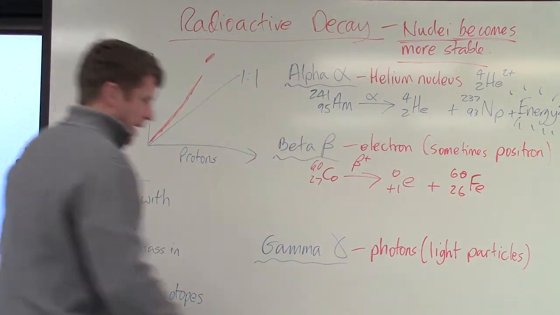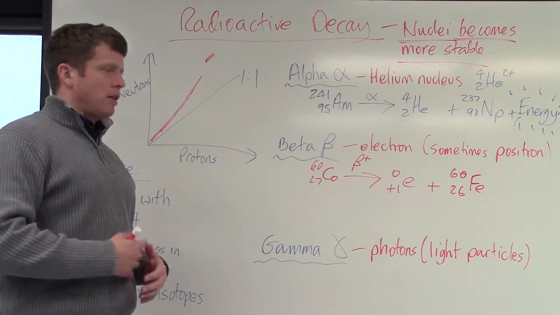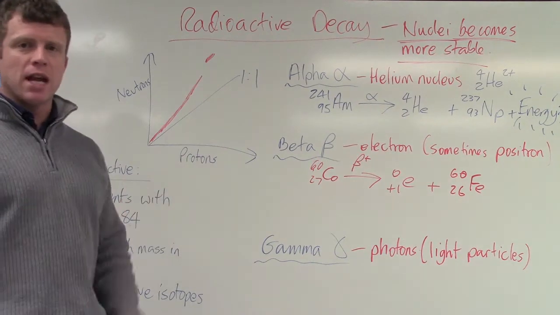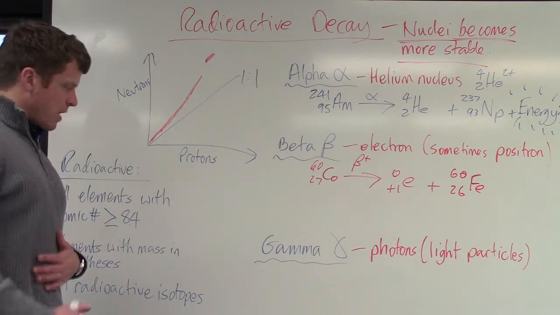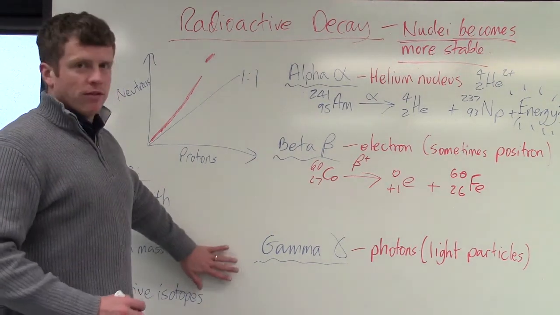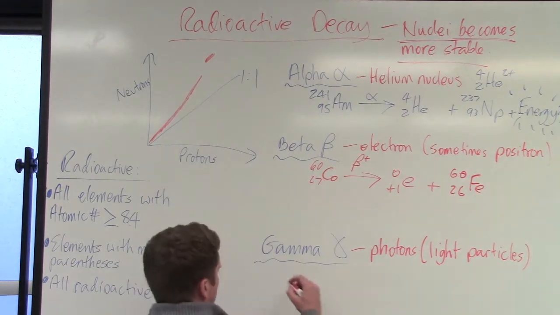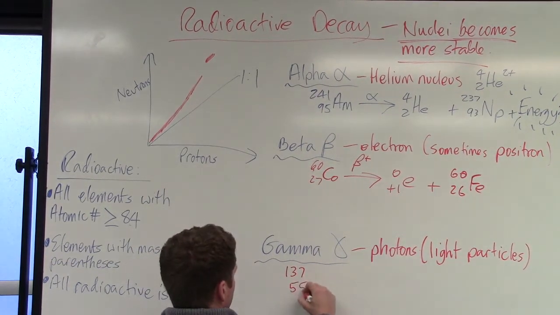All right, so let's look at gamma, which is the most dangerous. It can penetrate through wood, through clothing, through skin. It can go straight through a human body, which is kind of dangerous. So it's the most penetrative. So the idea of gamma, we can start off with an isotope of cesium.